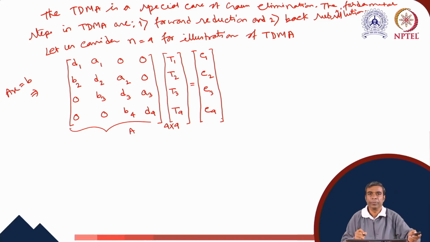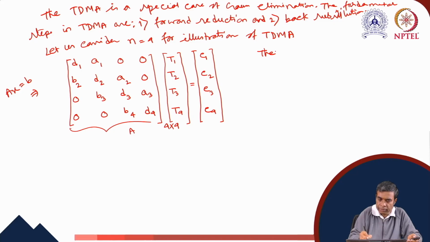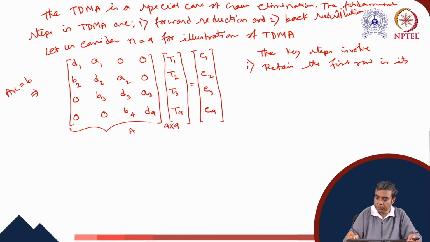So in Thomas algorithm, we keep the first row as unchanged during the operation, and also the super diagonal terms are not changed. So the key steps involve: retain the first row in its original form, and the same thing will be done for the super diagonal.